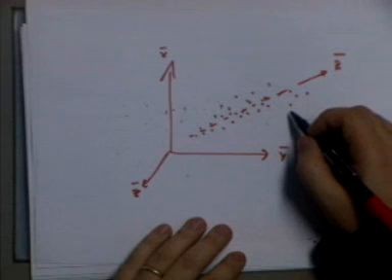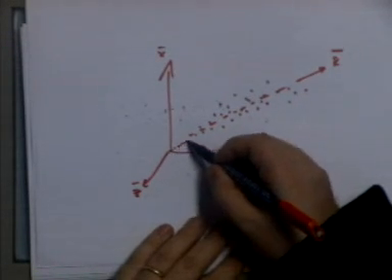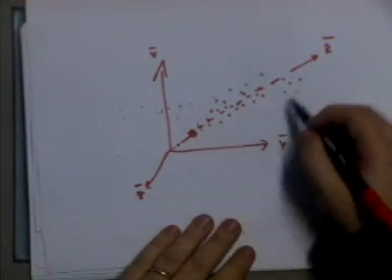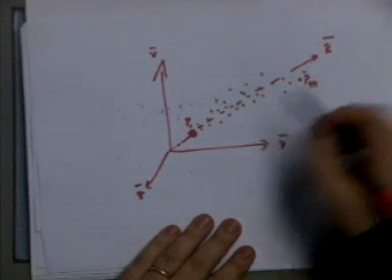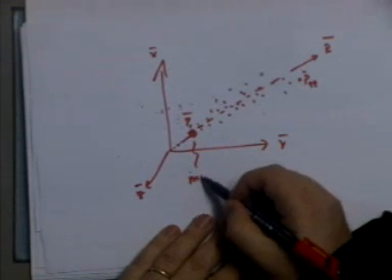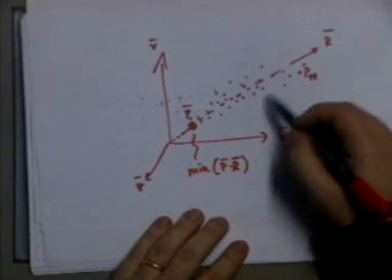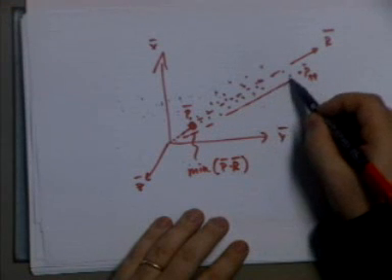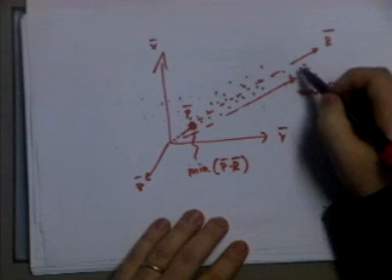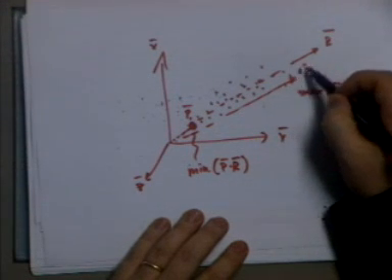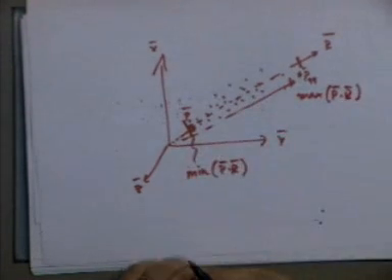Over R, I start finding the minimum scalar product, so P1 and P99. This is min PR, and this is max PR. So these will be my maximum extension and my minimum extension for my sphere.